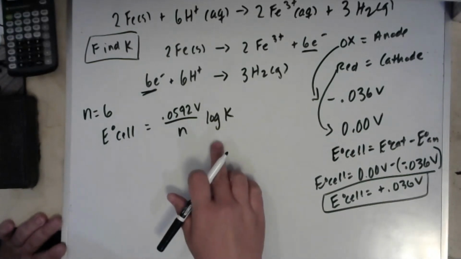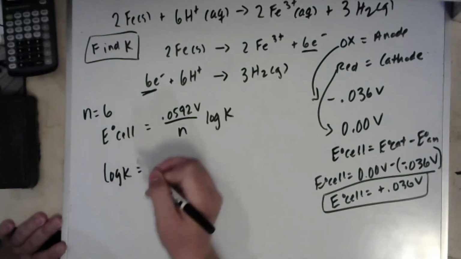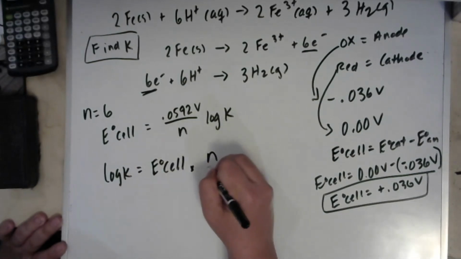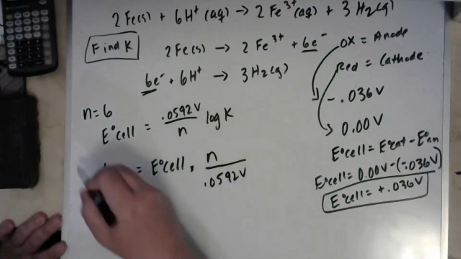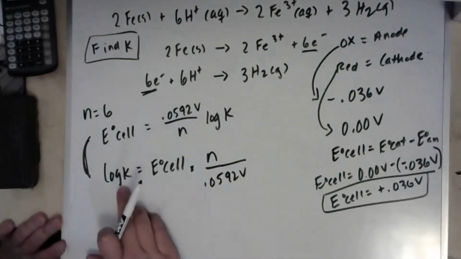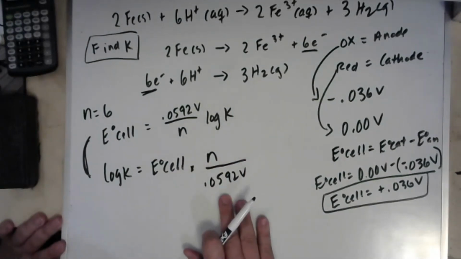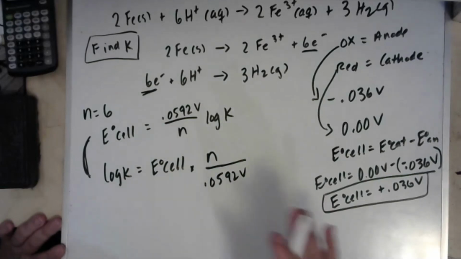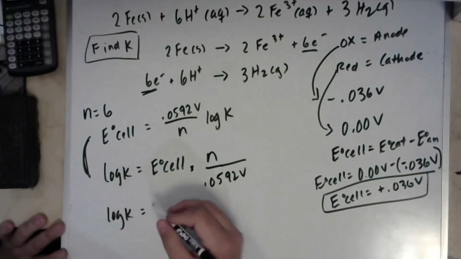So you could say that based on this reaction, the log of K equals E cell times N over 0.0592 volts. These are equivalent equations, right? And maybe it'll be easier because you're solving for K to have all of the other stuff that you're going to fill in on the other side before you start actually putting real numbers in. Totally up to you.